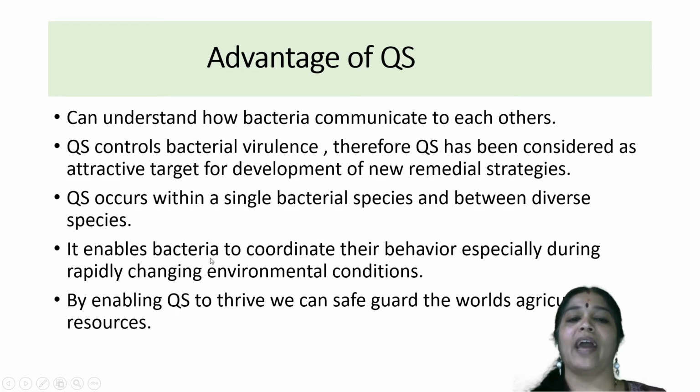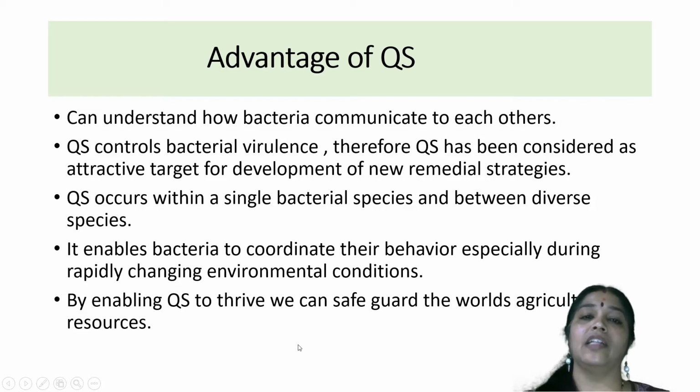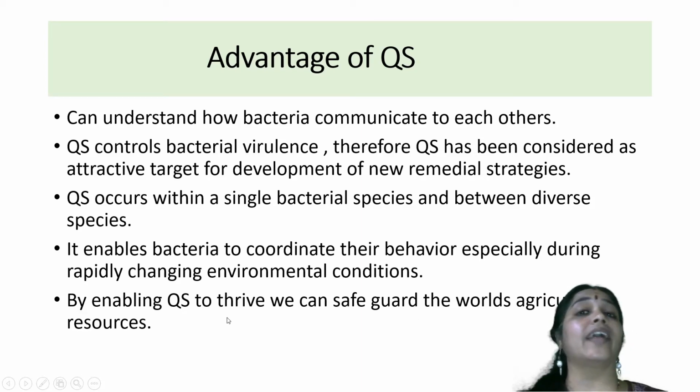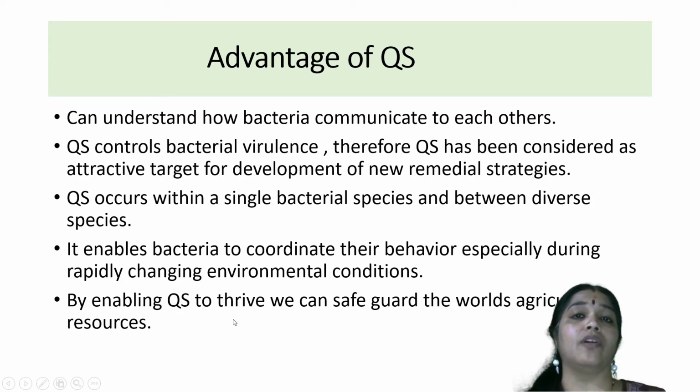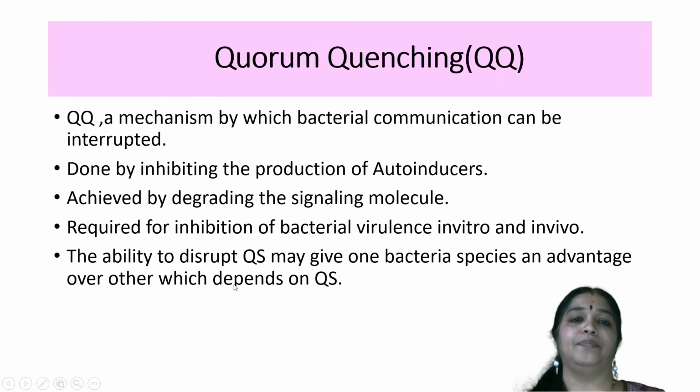It enables bacteria to coordinate their behavior, especially during rapidly changing environmental conditions. By enabling QS to thrive, we can safeguard the world's agricultural resources. Like I did tell you in the previous slides, the power of the microbes. Now, that was about the quorum sensing.